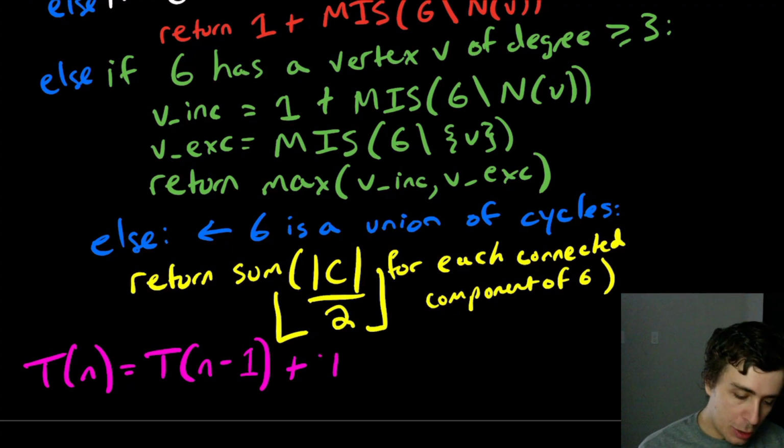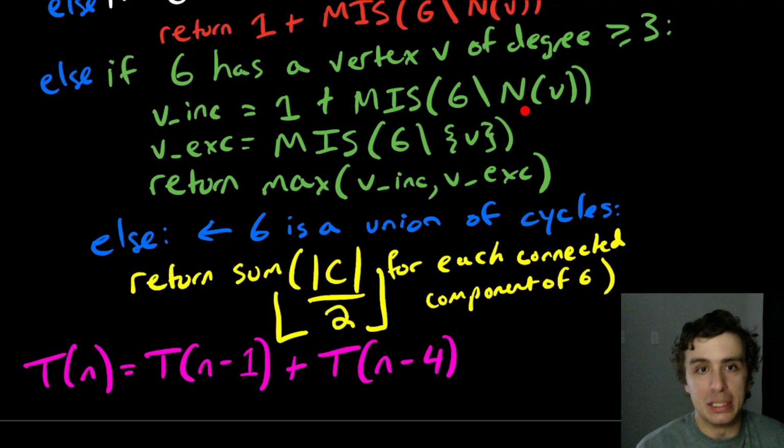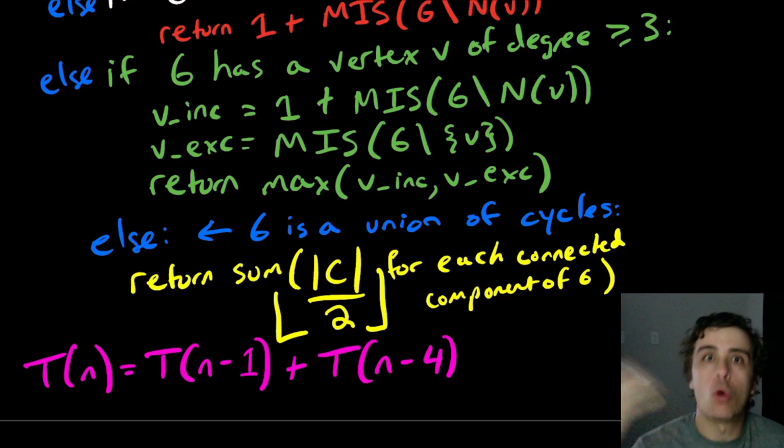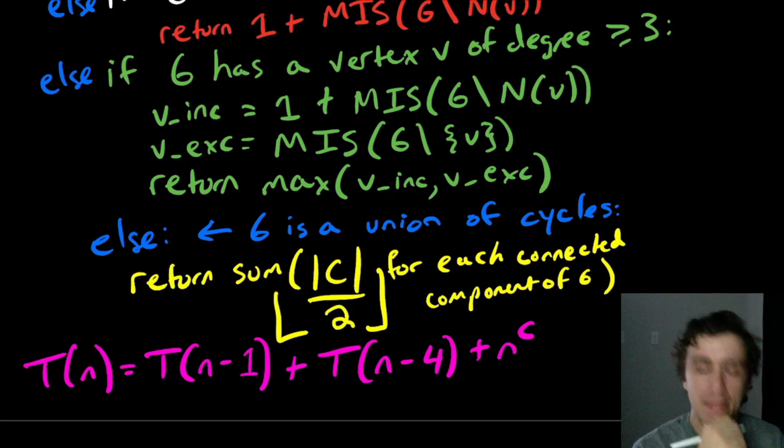So this case is T of n minus 4. And then the time to combine these solutions, well, to find the neighborhood is linear time. The time to delete a vertex is linear time, let's just say, or just some polynomial to make it easy. So let's just say plus n to the c for some number c.